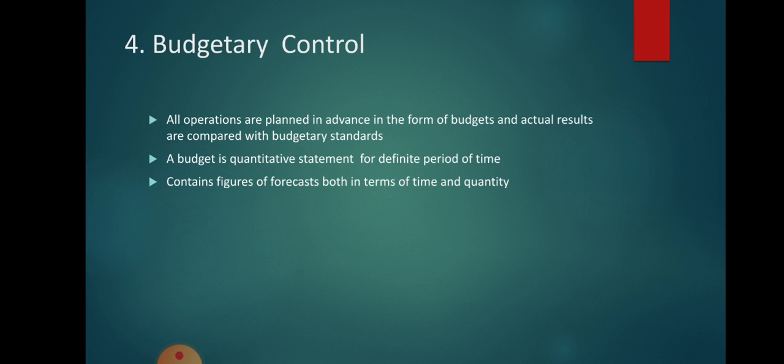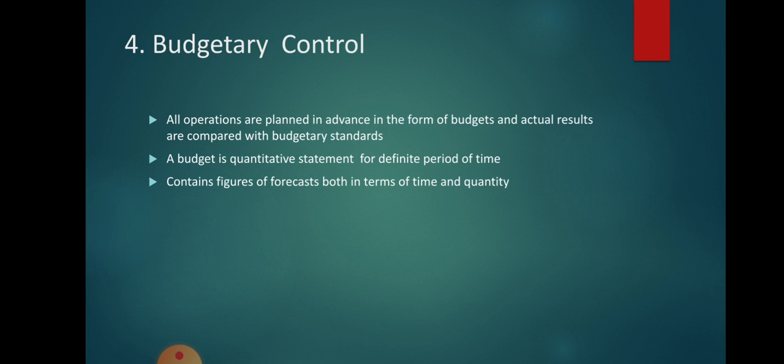Forecast means estimations. So the budget contains future estimations: what production we are going to make during this month, what sales we are going to make. Time means month or week, and quantity means the total quantity of sales.